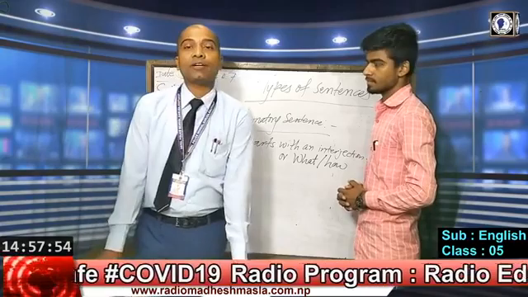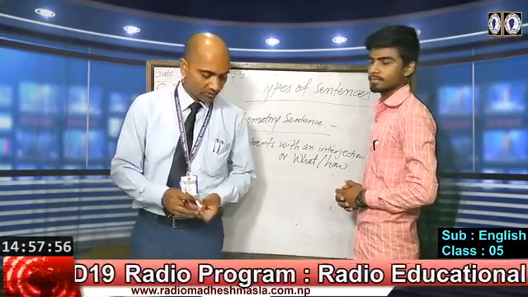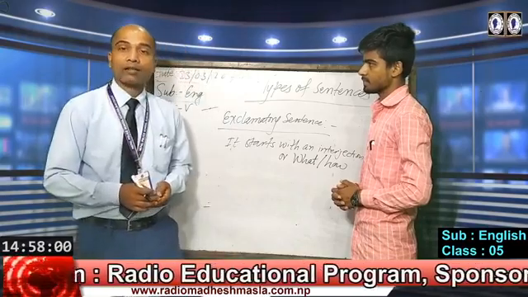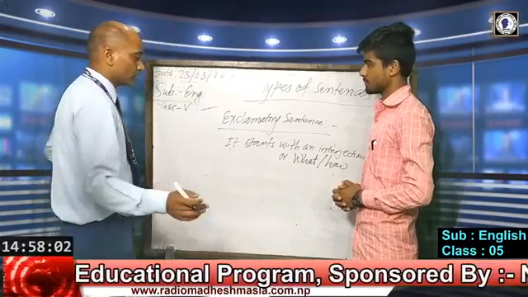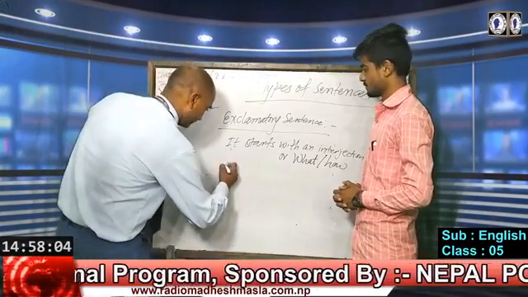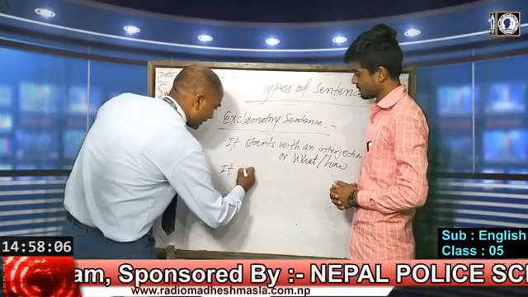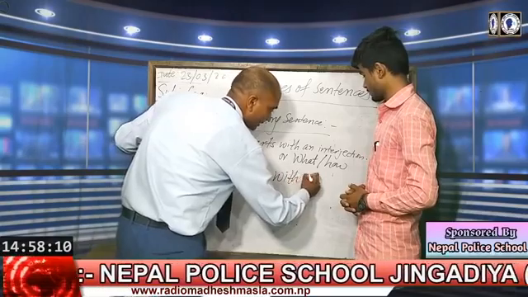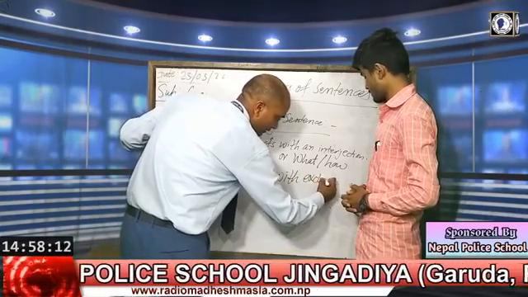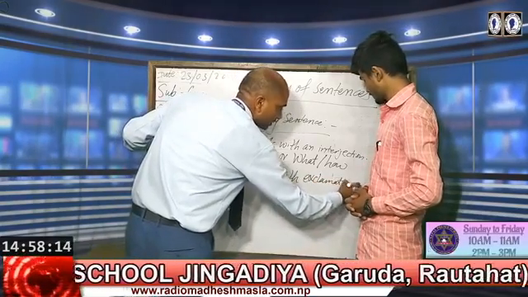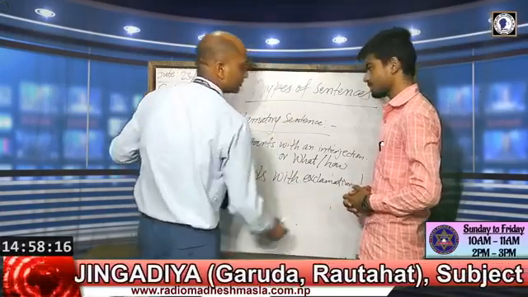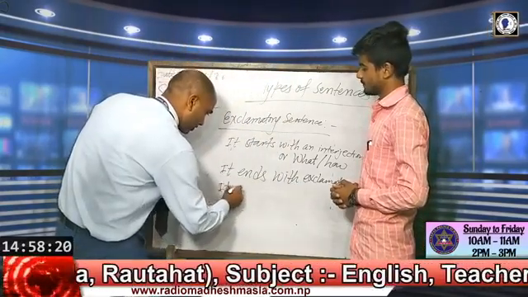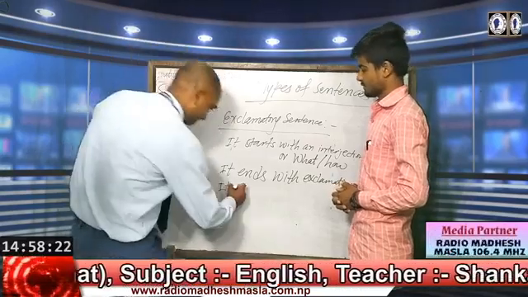We use exclamatory sentence to express our strong feeling, and at the end of the sentence we use the exclamation mark. It ends with exclamation mark, and it is used to express our strong feeling.